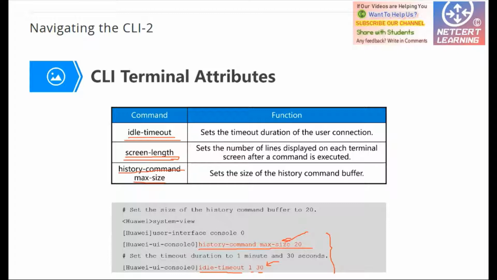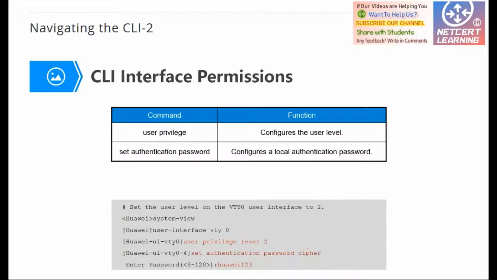By default, I think it's 10, but you can change it. For example, if you change it to 20, then the previous 20 commands are all saved in the buffer, and you can use the up arrow of the keyboard to find them. Also, you can use the display history-command command to see what commands have been saved in the command buffer.